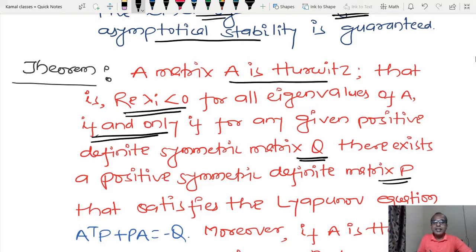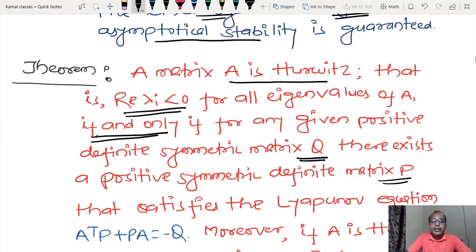It says that if you select some Q and there exists a positive symmetric definite matrix P, then I can guarantee that A is Hurwitz.